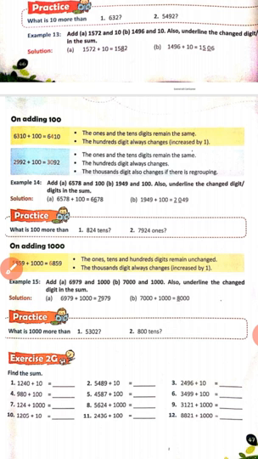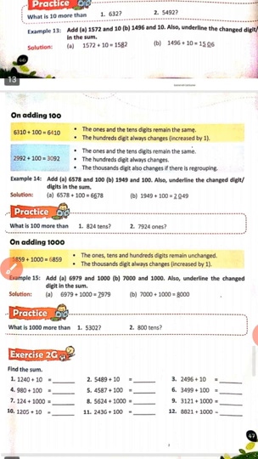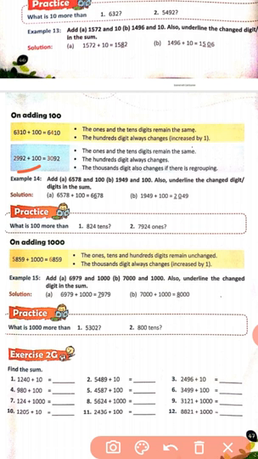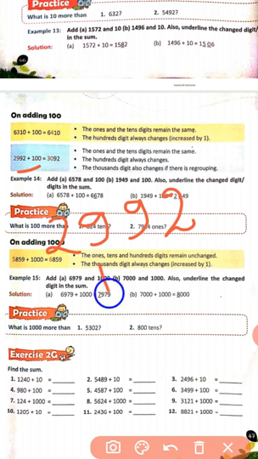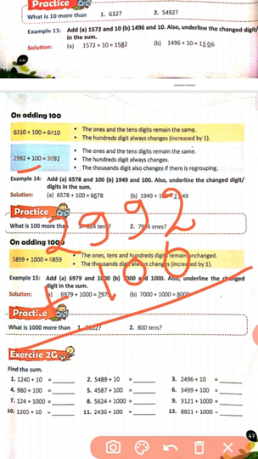Next we have the second example, 2992 plus 100. 2 plus 0 is equal to 2.